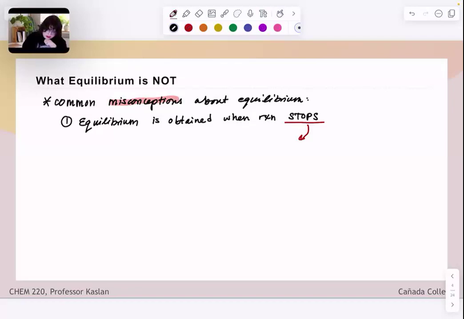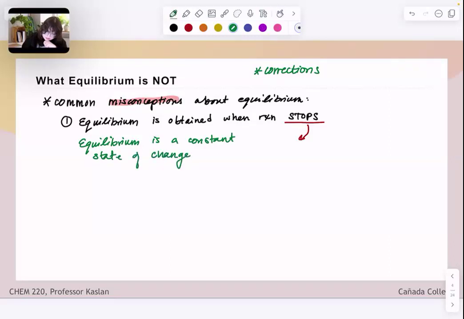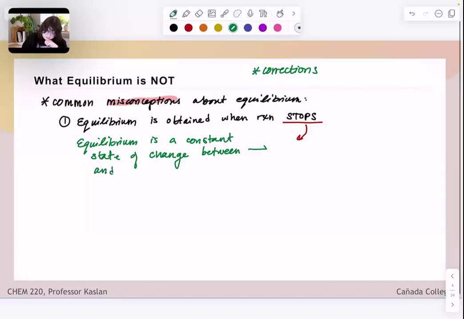So the correction to this misconception, which we'll put here in green, is that equilibrium is a constant state of change between what we're going to call the forward and the reverse parts of the reaction.